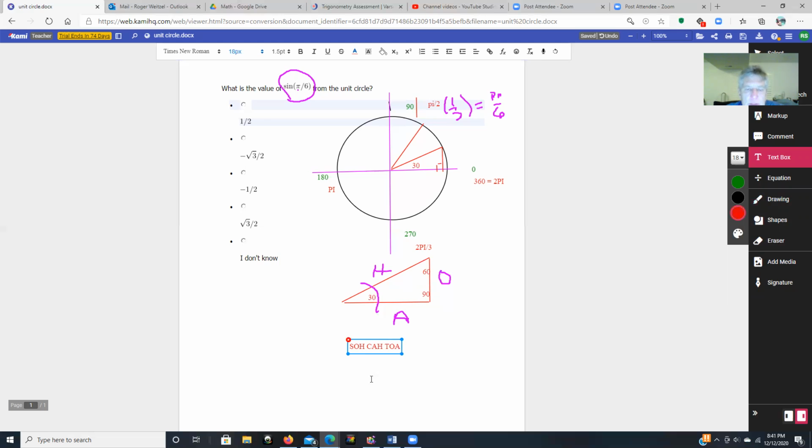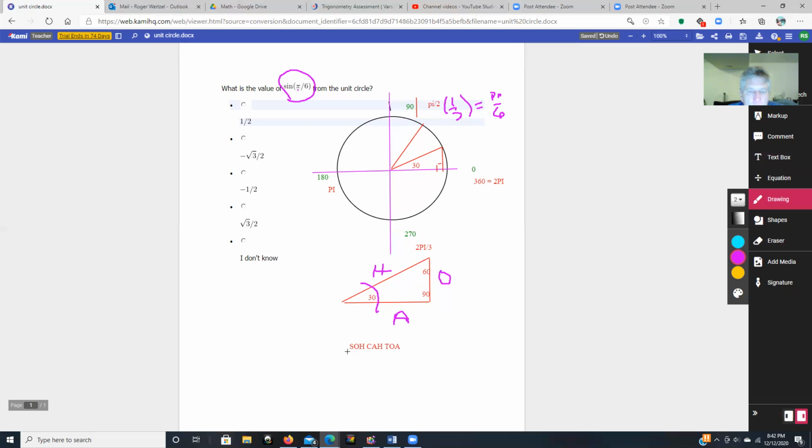So remember, this is your mnemonic for trigonometry. And what we have here is that sine is opposite over hypotenuse, cosine is adjacent over hypotenuse, and tangent is opposite over adjacent.